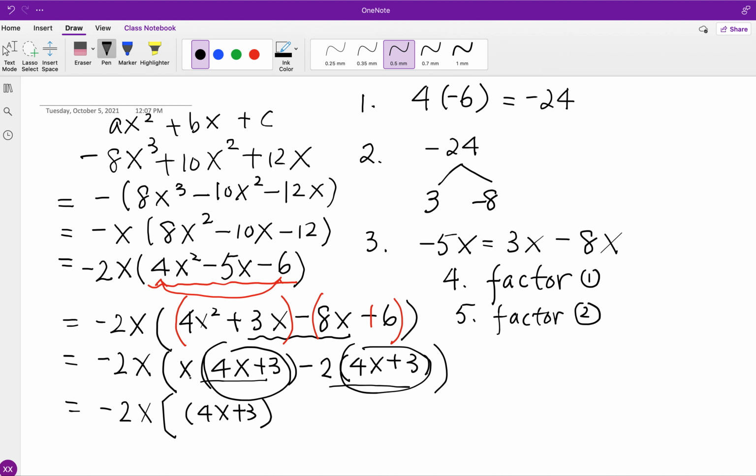Here I have x left, and over here I have negative 2 left. Look at that. If you want to get rid of this bigger thing here, we just erase that. And this is absolutely our result of this factoring task.